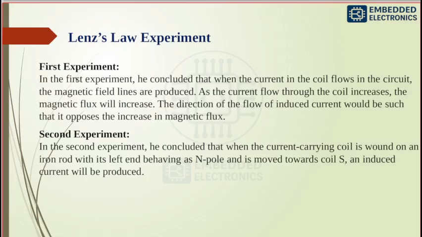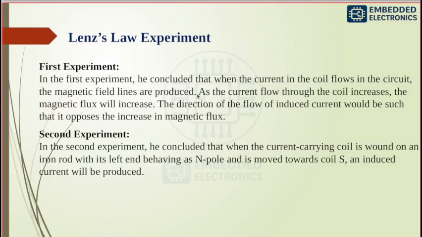So we have experiments also. In Lenz's first experiment, he concluded that when current flows in the coil, magnetic field lines are produced.